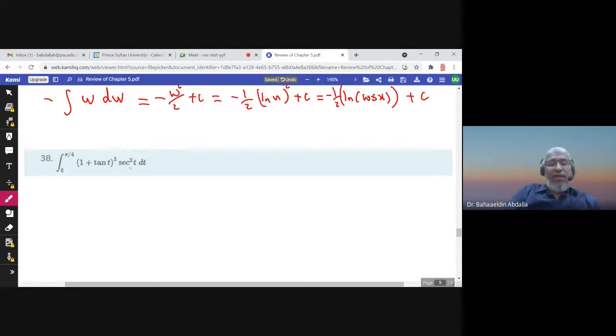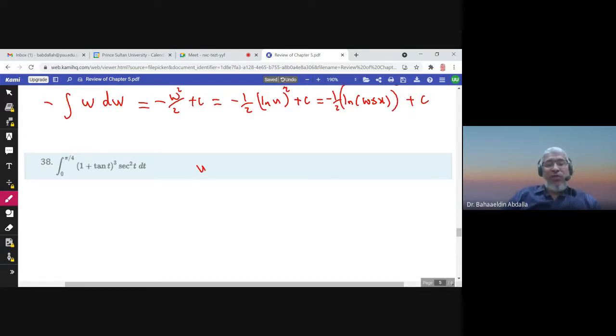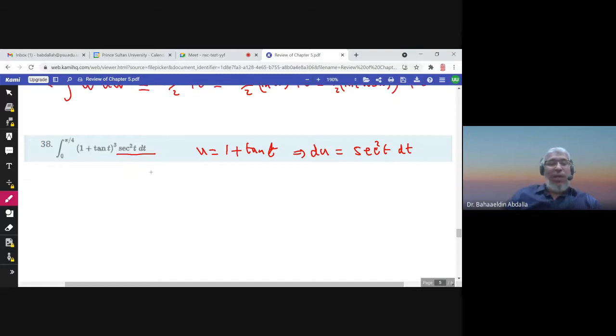I will take u here to be 1 plus tan t. So du would be the derivative of 1, which is 0, plus the derivative of tan, which is secant square t dt, which is this one. It's a definite integral, so let me change the t values to u values.